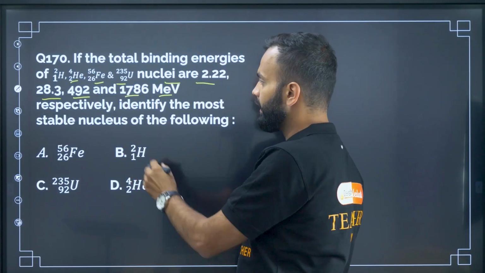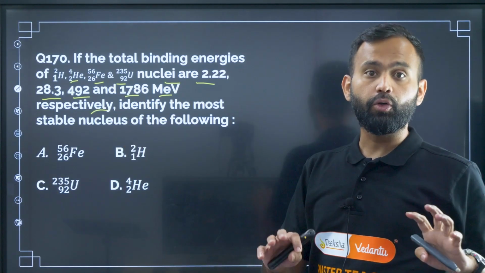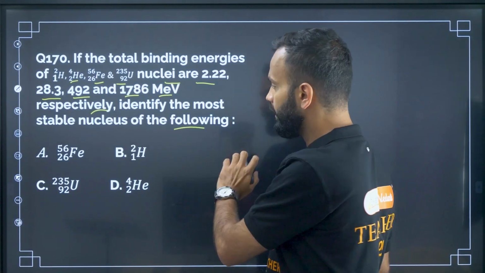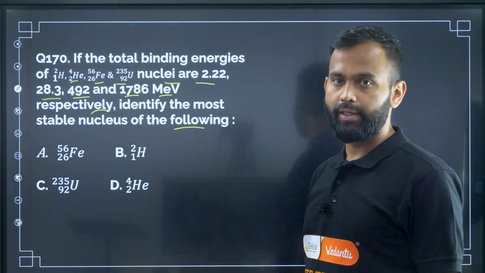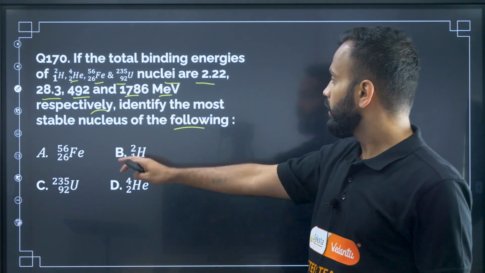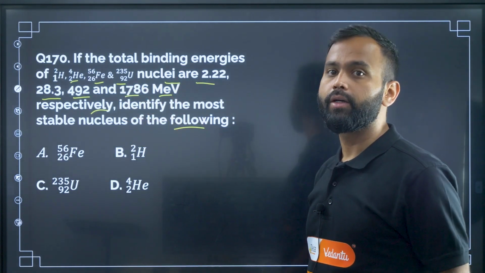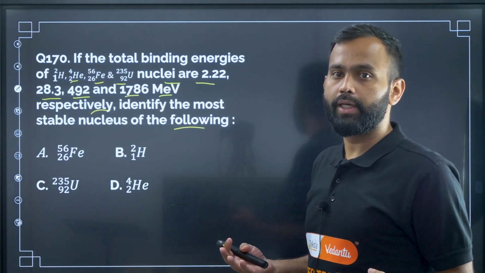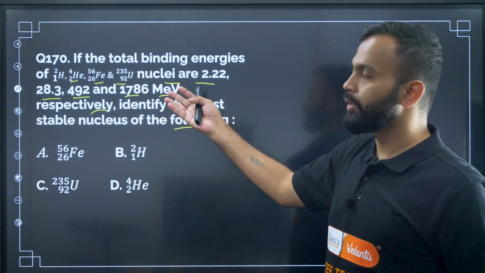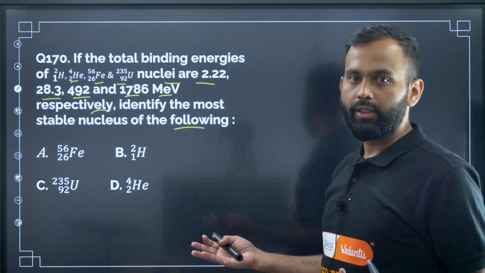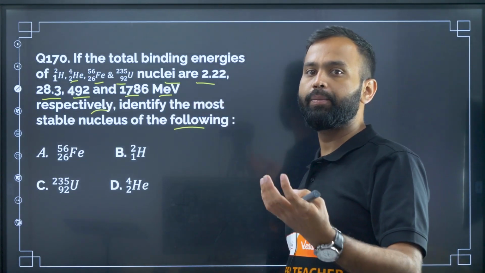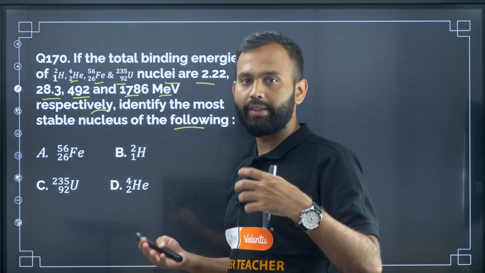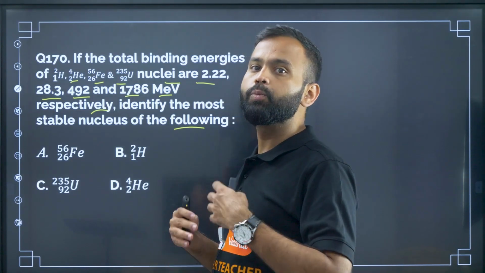1786 mega electron volt respectively, identify the most stable nucleus of the following. So here these are the given nuclei, and we need to find the most stable nucleus. How to find it? Take the binding energy per nucleon values and compare them. Whichever nucleus has the higher binding energy per nucleon value, that nucleus is more stable.